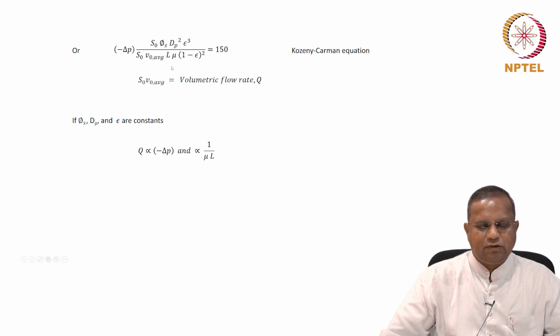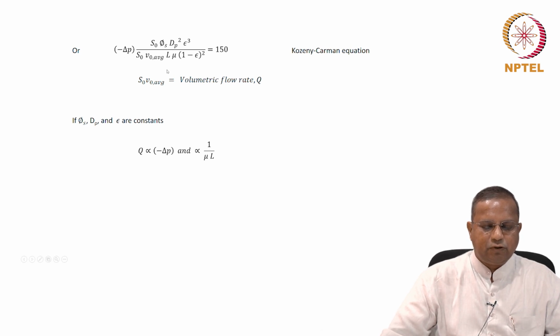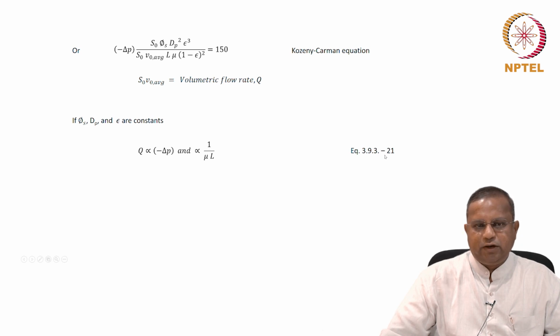So this is what it turns out to be. S naught V naught average is the flow rate. We have taken it to the other side, and we get this. Flow rate is directly proportional to minus delta P and inversely proportional to L mu, the other things, phi s, dP, and epsilon, remaining constant. Equation 3.9.3-21.